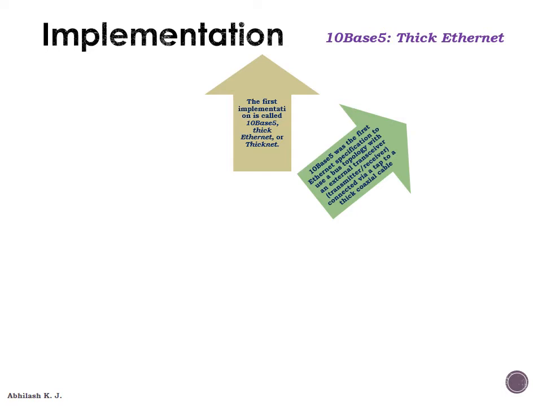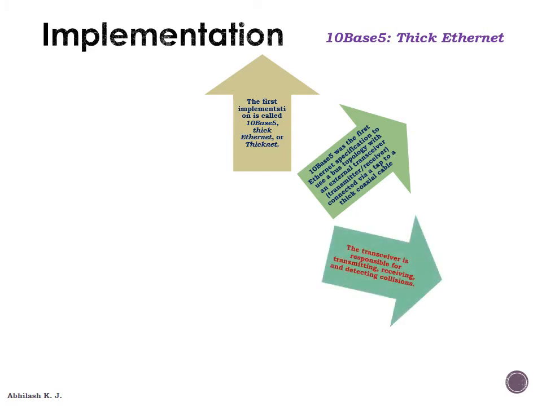So 10 base 5 was the first Ethernet specification which made use of bus topology with an external transceiver. A transceiver is nothing but a device which incorporates both a transmitter as well as a receiver, which is connected to the thick cable by making use of a thick coaxial cable.